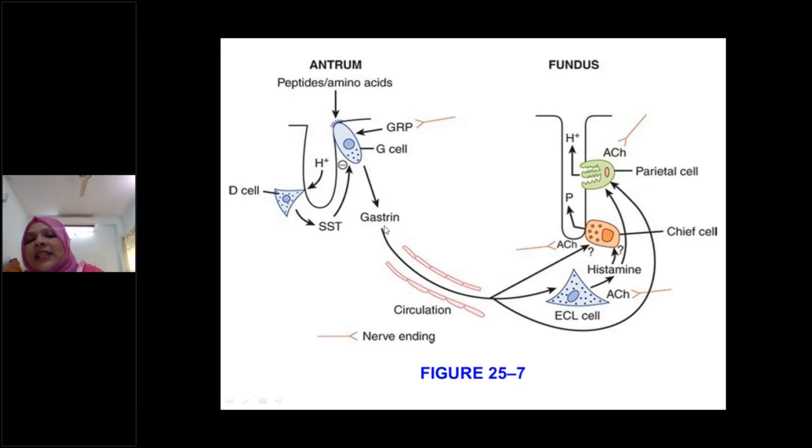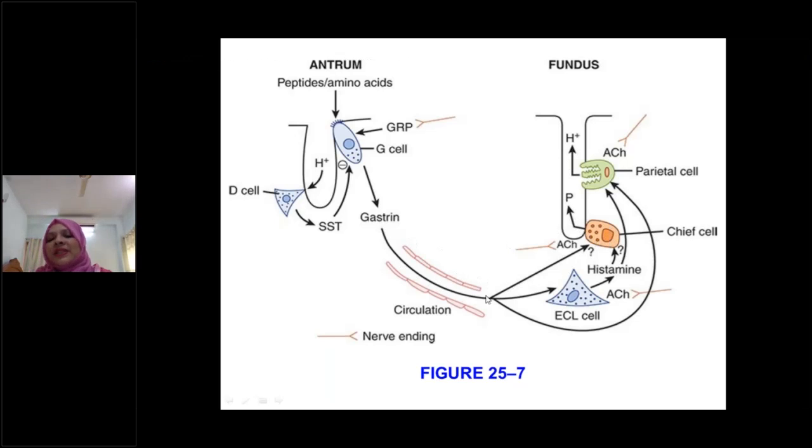See here in this figure, gastrin stimulates three things. First thing, it stimulates ECL cell, that is enterochromaffin like cell, to secrete histamine. Gastrin also stimulates the gastric parietal cell to secrete hydrochloric acid, and gastrin also stimulates chief cell to secrete pepsinogen.